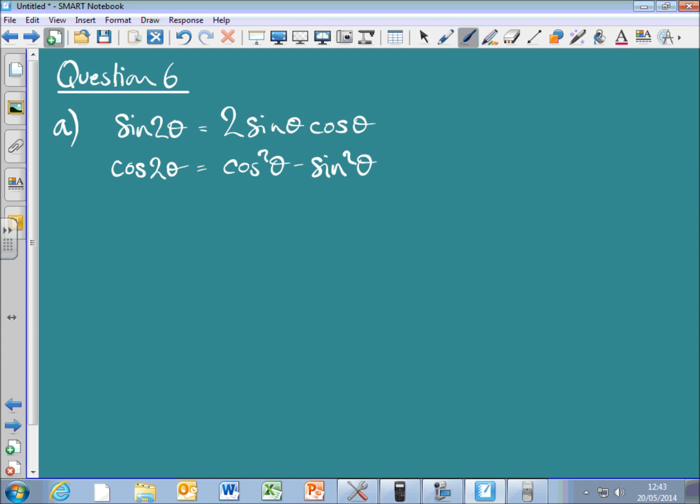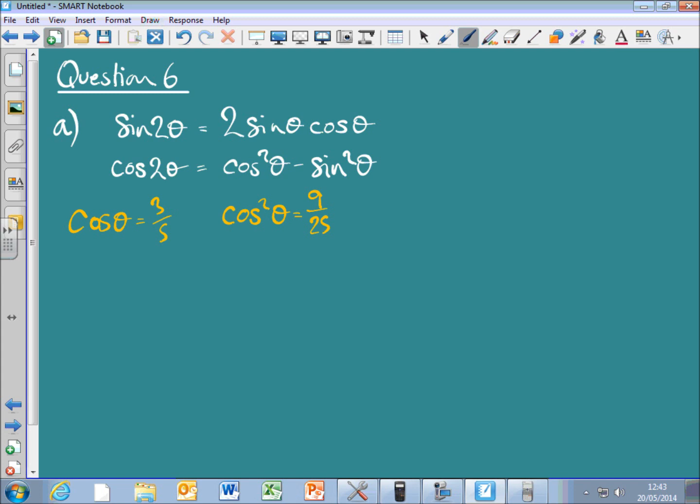It then asks me to show what sine 2 theta is, given that cos theta equals 3/5. Okay. Well, I don't need to find out what theta is to do this. Cos theta equals 3/5, so that means that cos squared theta is equal to 9/25. Okay.